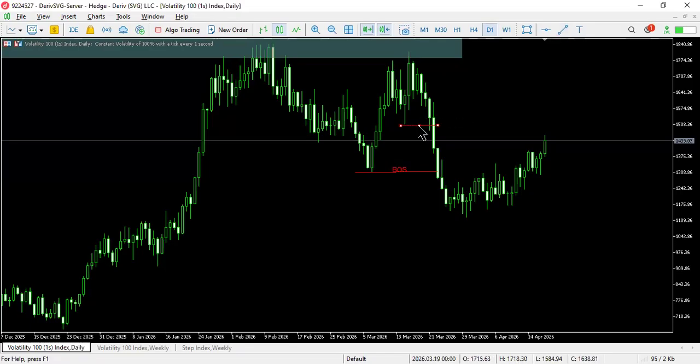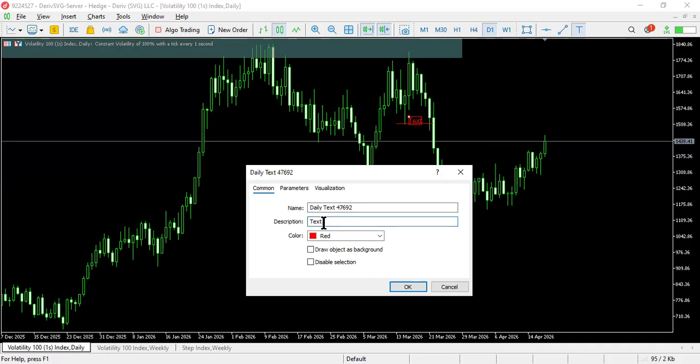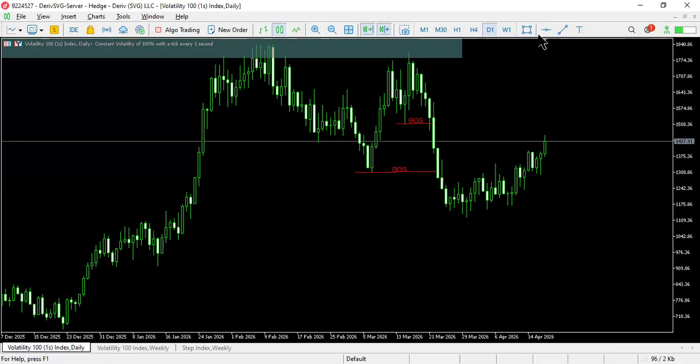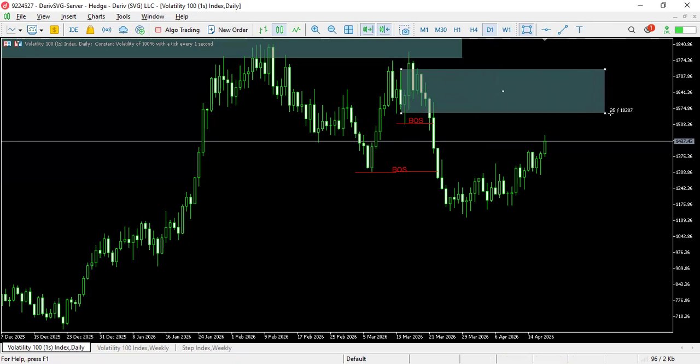Therefore, we'll be using the order block for this internal break of structure, because I'm seeing this break of structure down here as a liquidity area. And then the order block which caused the break of structure, it is that order block right there.